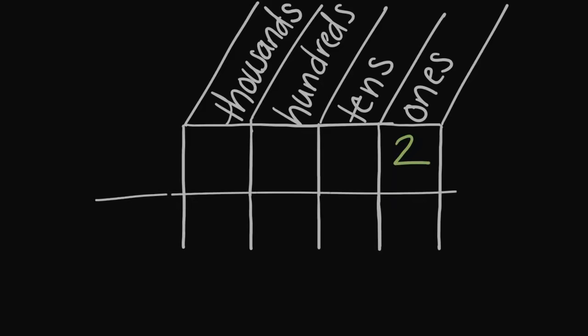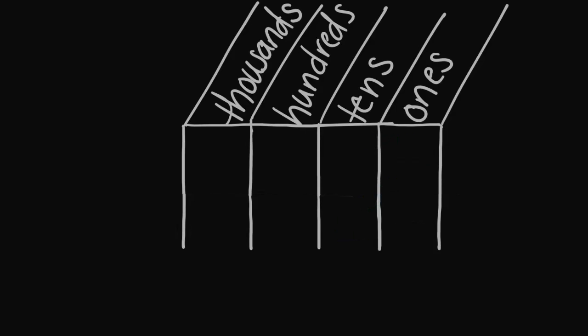But when we multiply that 2 times 10, the 2 moved up a place value. And then we had to fill in this empty place value with a 0. So 2 times 10 was 20. And what happened in terms of place value was the 2 moved up one place value. It went from ones to tens. It moved to the left one place value.